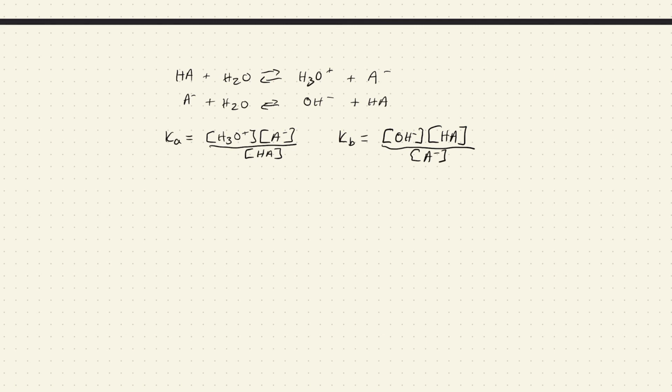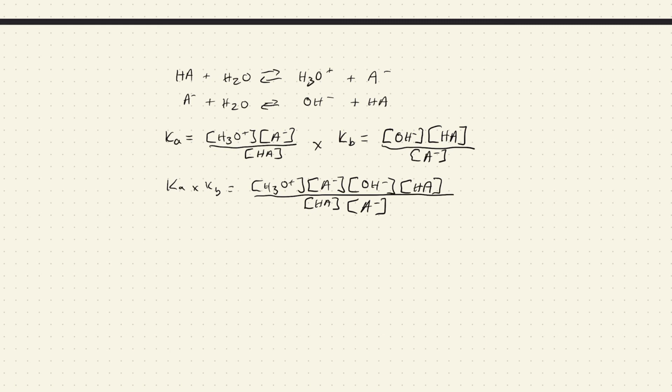Now, what happens if I take these two things and I multiply them? So I get Ka times Kb equals concentration of hydronium ion times A minus times concentration of hydroxide ion times concentration of HA, all over concentration of HA times concentration of A minus.